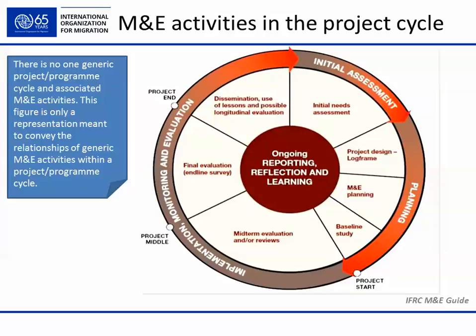As regards the project cycle, which consists of project preparation, project implementation, and project evaluation, it may include initial assessment, then project planning component, where we develop our design, we draft a log frame, we plan our M&E system, we conduct a baseline study. During the project implementation, we monitor our project.